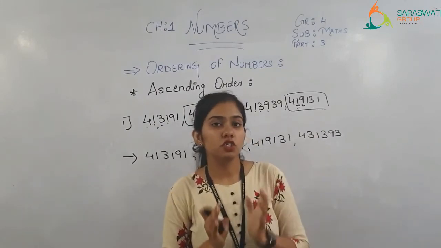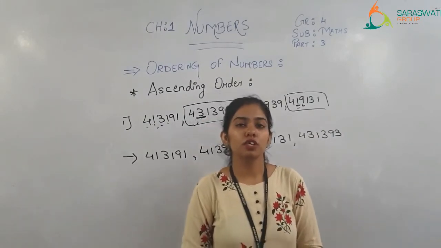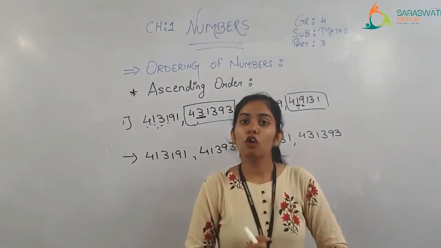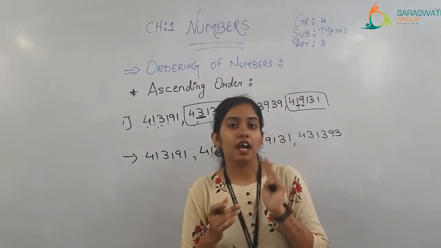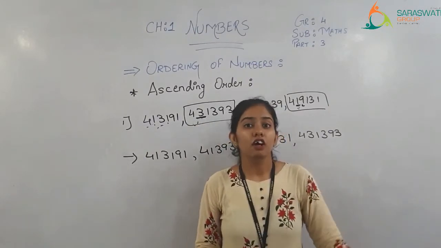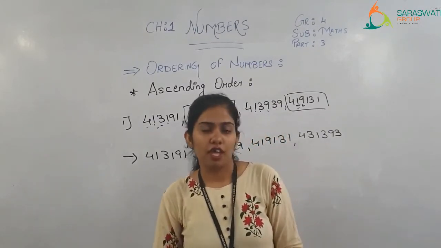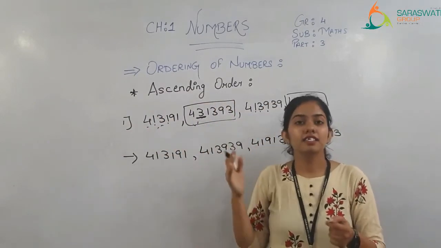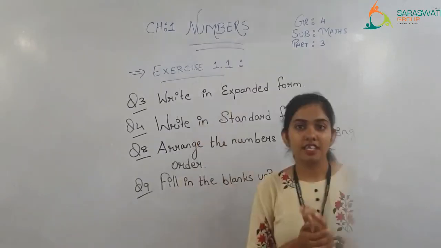I hope that students you have understood the concept of expanded form and standard form, and ordering of numbers, that is how to order the numbers, whether it is smaller or greater or equal to, and also how to arrange the numbers in an ascending and descending order.